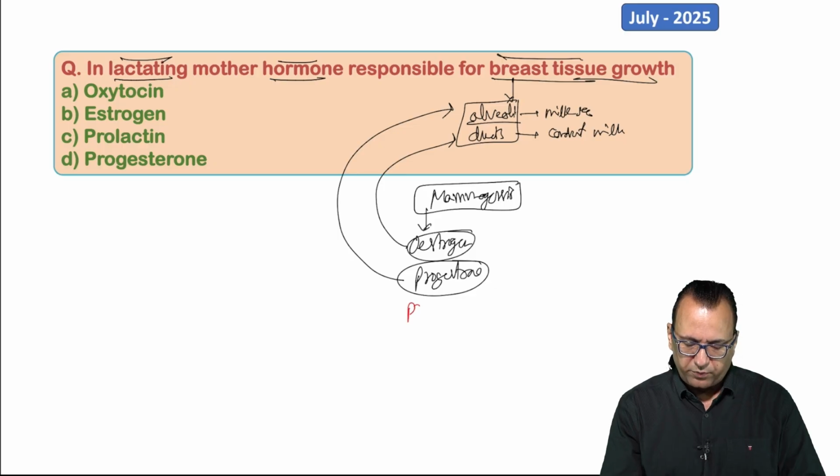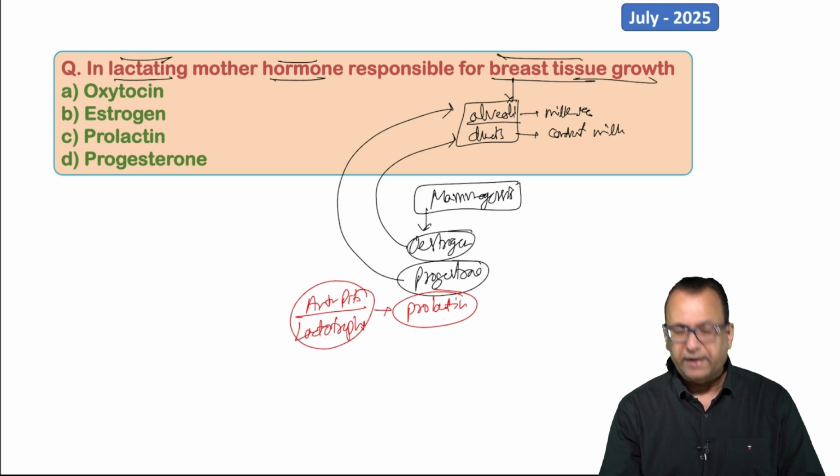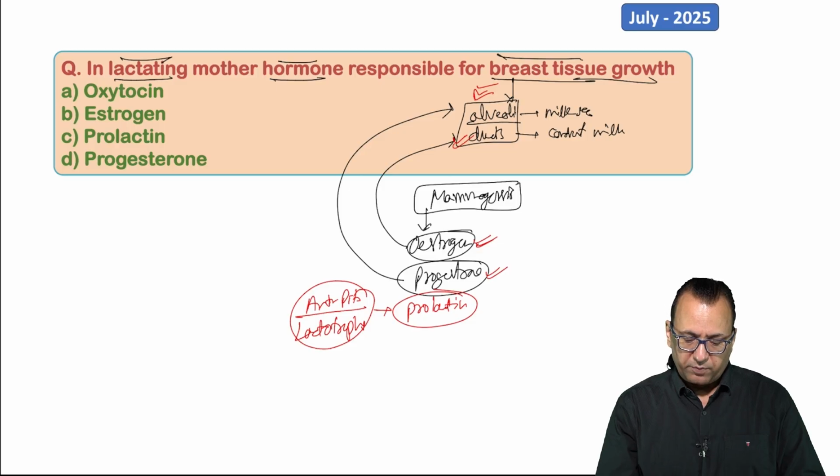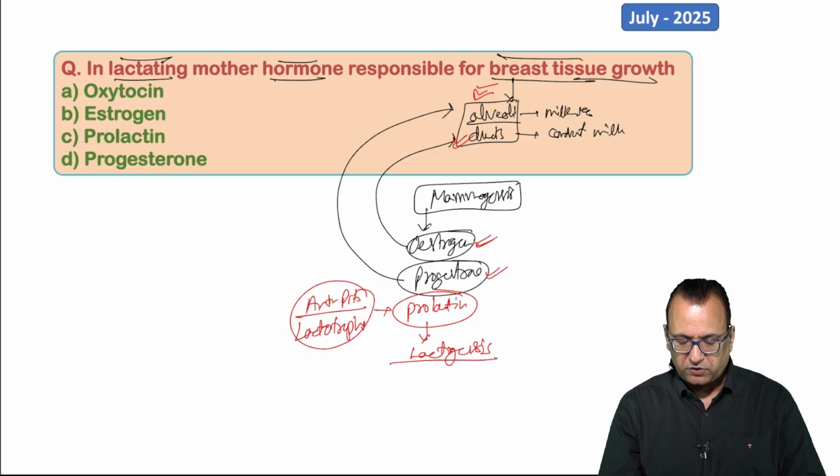Plus there's a hormone prolactin. Prolactin is given by the anterior pituitary. In the anterior pituitary, you'll have lactotropes, and those lactotropes are giving us prolactin. Prolactin is helping progesterone for the development of alveoli and estrogen for the development of the ducts. Prolactin is also for milk production, which is lactogenesis, and it is also for galactopoiesis.